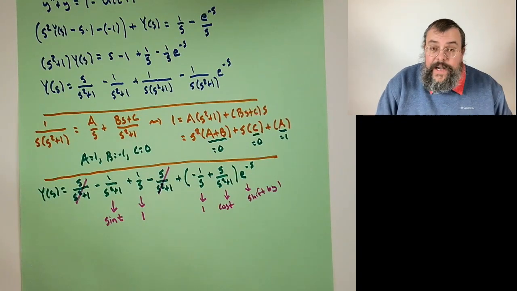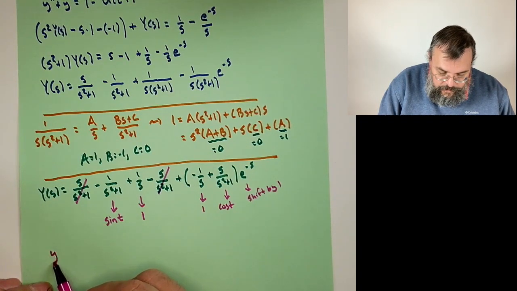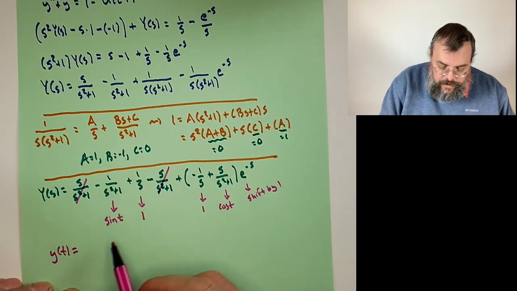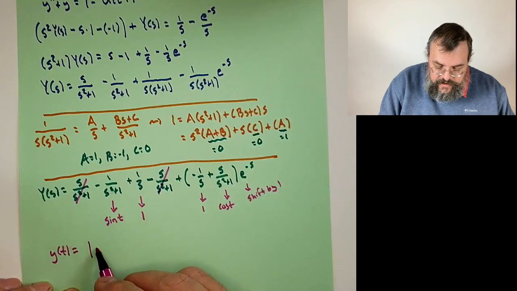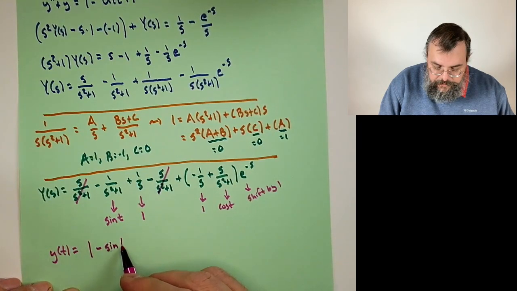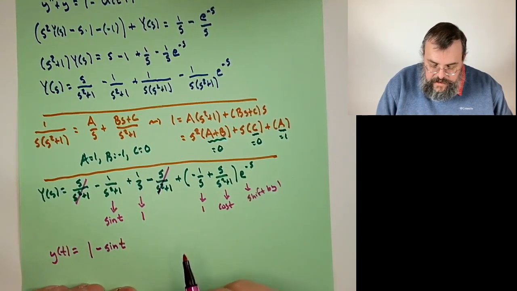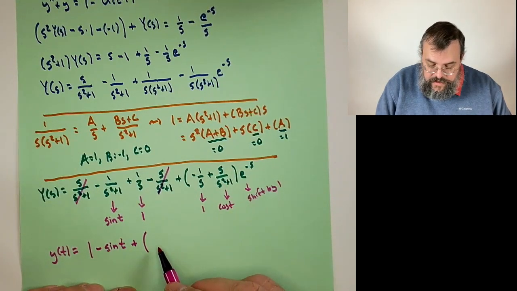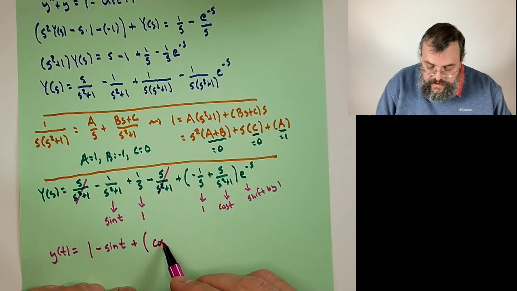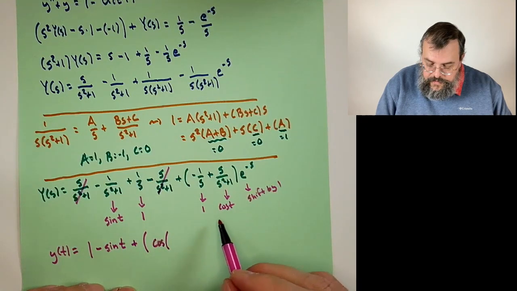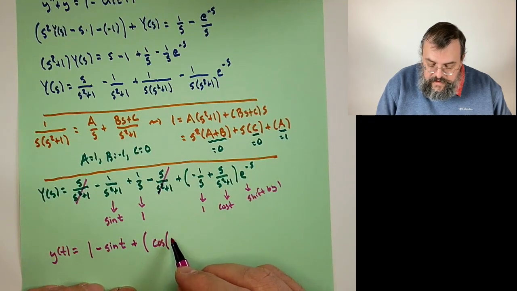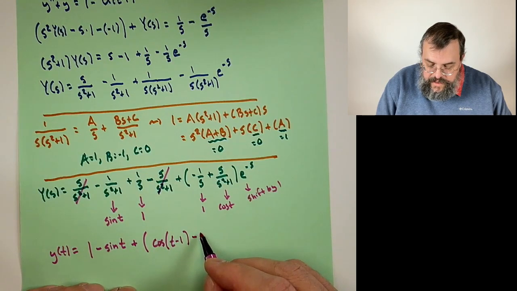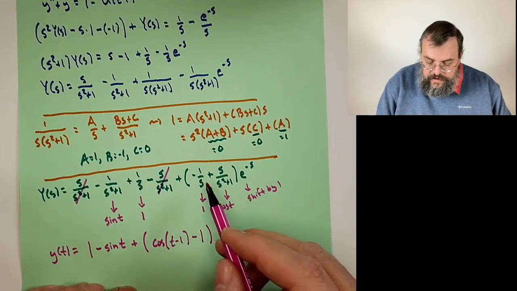All right, so let's put this all together. So our final answer, y of t is equal to, well, we'll take the 1, subtract sine of t, and then plus this other part here, which is cosine, but it's not t. Shift by 1 means it's t minus 1, and then we're going to subtract 1, right?